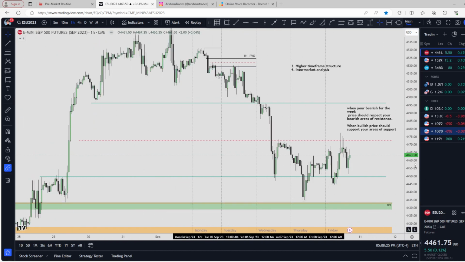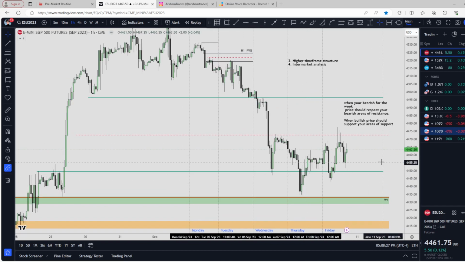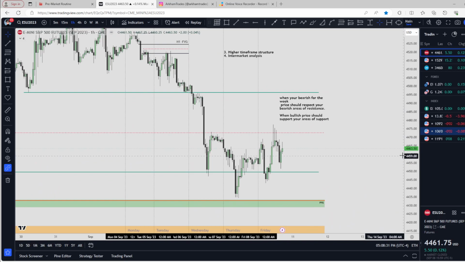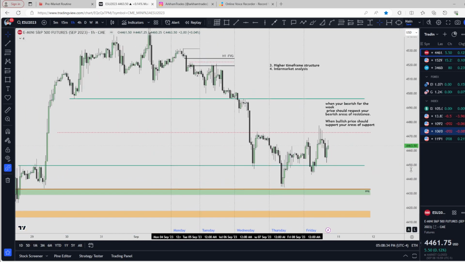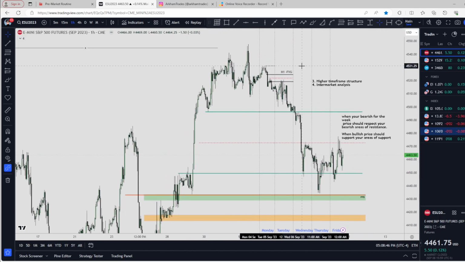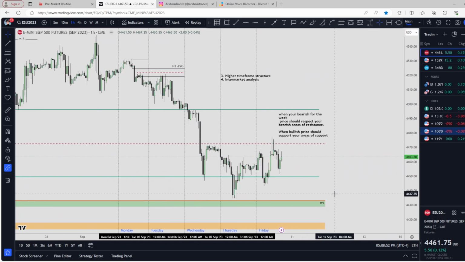Why would I continue looking for shorts when we've already met our draw on liquidity? This could be a different story if, let's say, our draw on liquidity was down here. Then I'd continue looking for shorts, or like right here. But we've already made significant 97 points on the week. I'm not looking for shorts anymore.